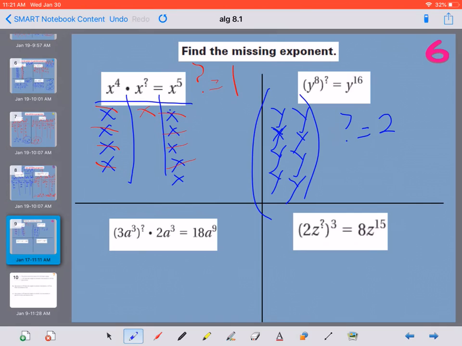Here we're saying how many groups of 3a to the 3rd power do we have? So this is saying we have an 18 and 9 a's. That's our total. That equals a 2 and 3 a's. And here we have a group of 3 and 3 a's.